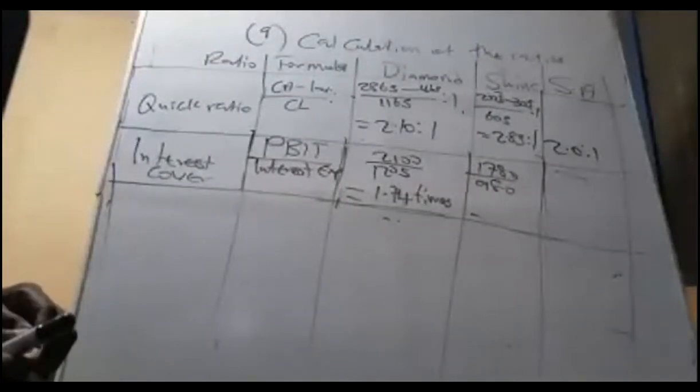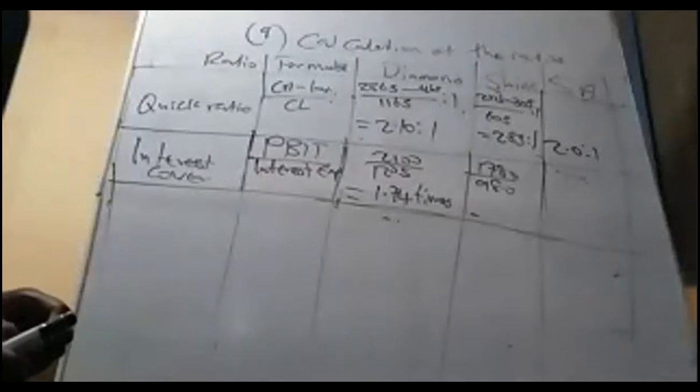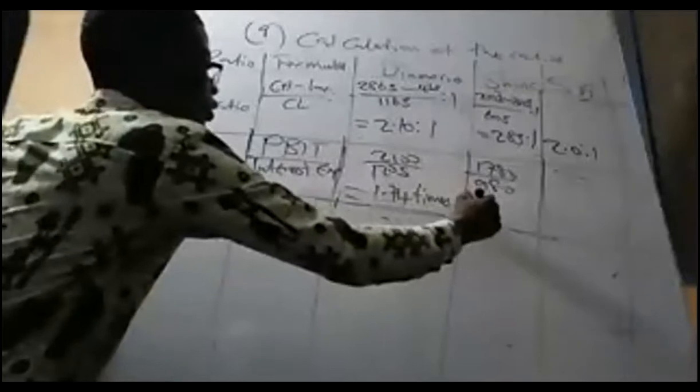When you pick it, make sure that you have 2 decimal places. It includes the receipt and the profit margin that we calculated. Most of your figures were whole numbers, but it must be 2 decimal places. So 1.82 times. What's the sector average? Sector average is 2.5 times.